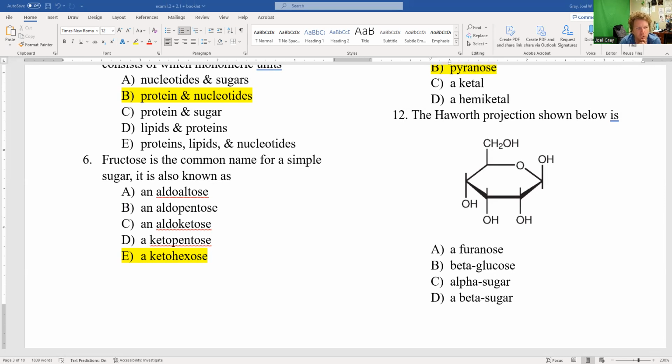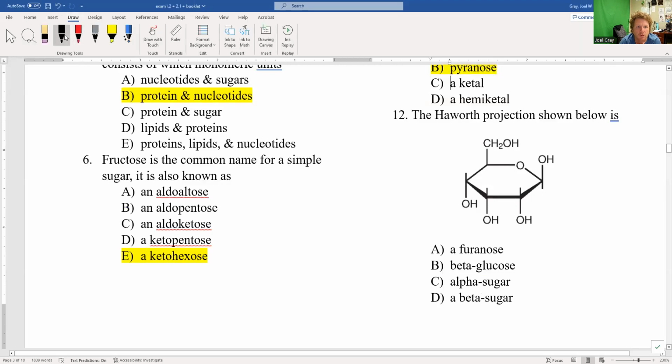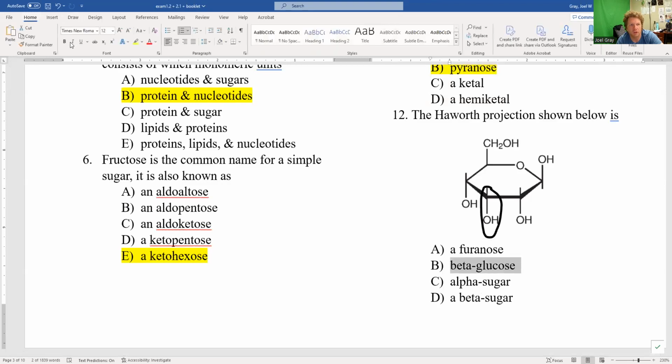Now, this is not glucose. And why is it not glucose? Well, it's not glucose because carbon number 3, which is this one right here, has the hydroxide group pointing downward. This is the C3 epimer of glucose. So answer option B is out of the picture there.